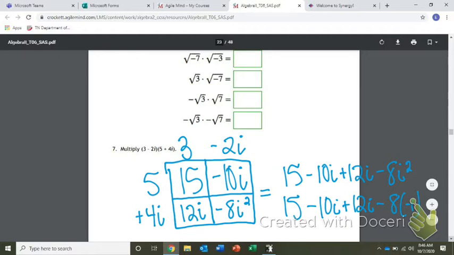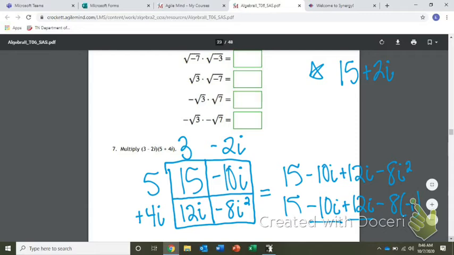Now we literally just combine like terms. So we have 15, and then we have a negative 10i plus a 12i, which is just going to leave us with how many i's? 2 i's.